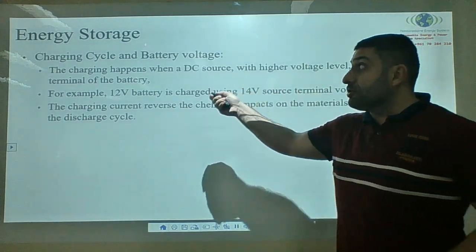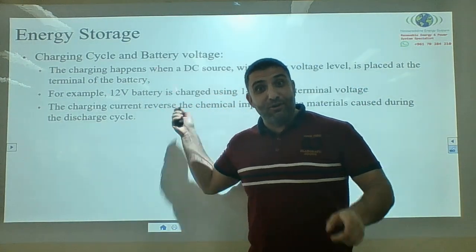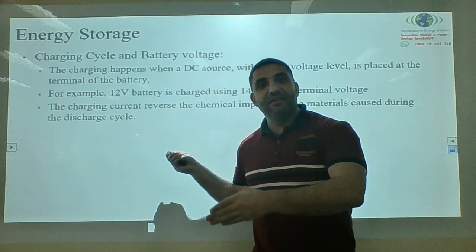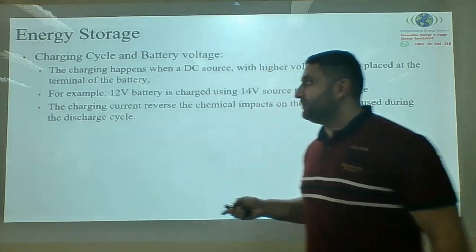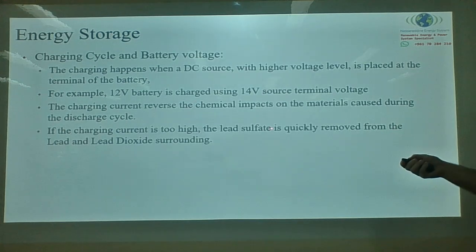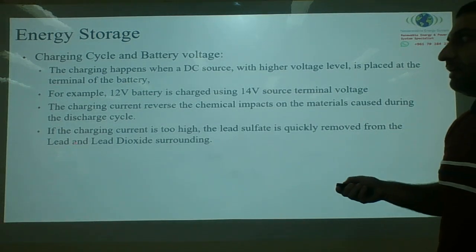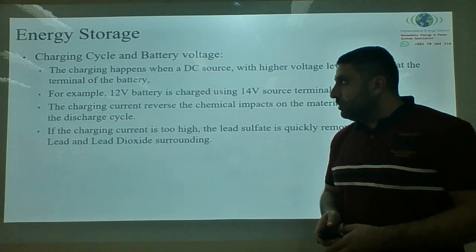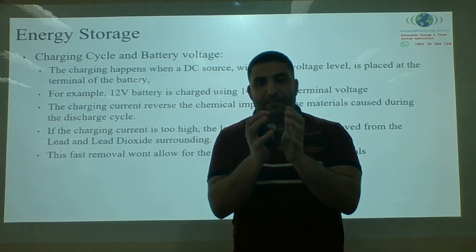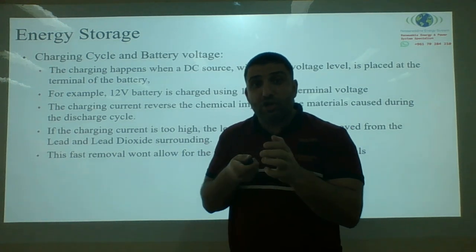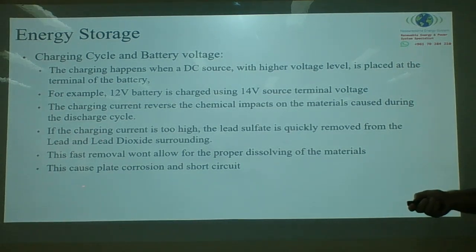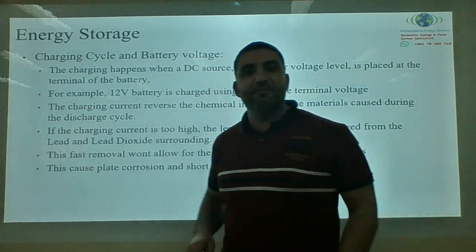Now, if I use the wrong charging voltage and the wrong charging current, I'll fast track the life of my battery and it will die early. Why? If the charging current is too high, the lead sulfate is quickly removed from the lead and lead dioxide surrounding. So if I put too much current, I push my chemical reaction to a limit that causes blade corrosion and short circuit.